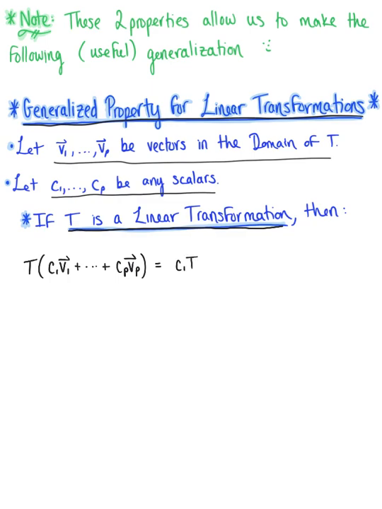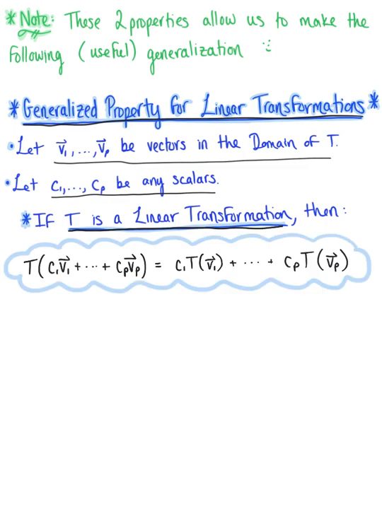So c sub 1 multiplied by the image of vector v sub 1 under the action of T, all the way up to the scalar multiple c sub p multiplied by the image of vector v sub p under the action of T. And again, we can use the definition of a linear transformation to help us verify that this holds true.